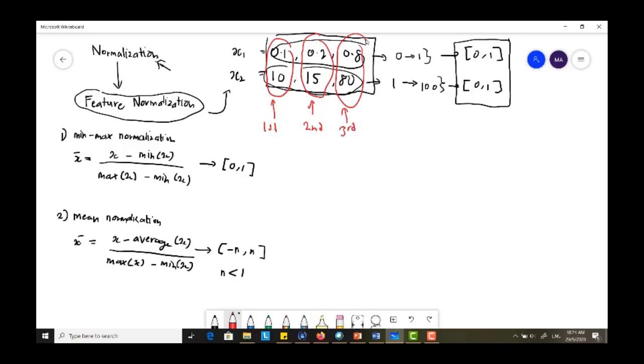So again, if you fit these two numbers into your neural network, or any other machine learning, it's still not fair if you don't do the normalization, because later this one will dominate.